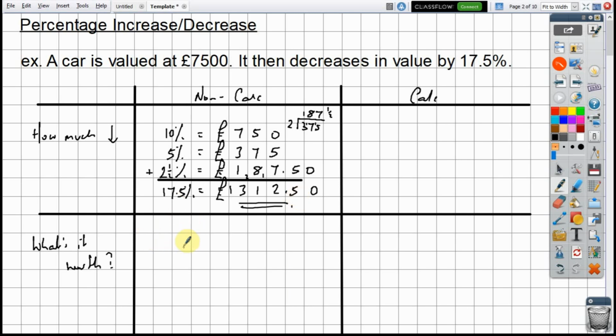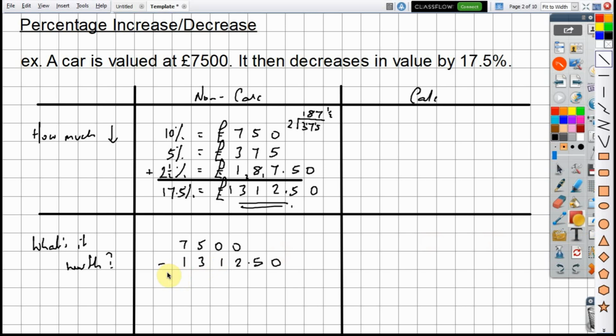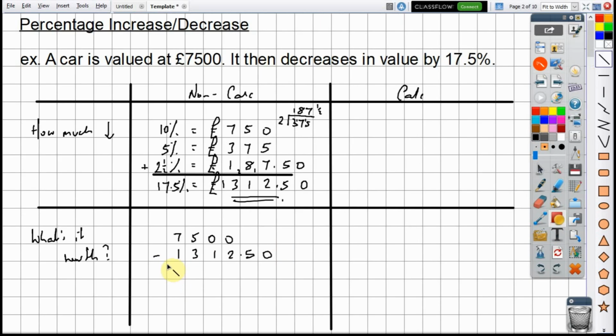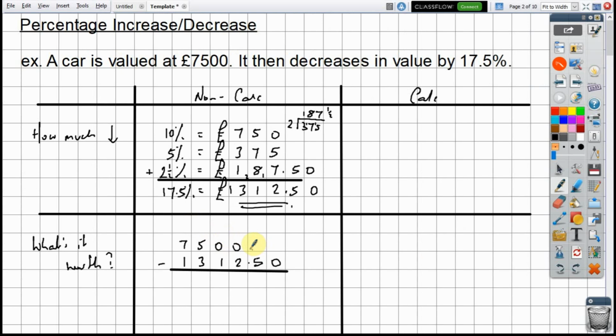What's it worth? Well, you would still need to do all this, and now we've got 7,500 minus 1312.50. Do a subtraction, and as with the division, it's really important that you do actually know how to do these in an efficient, accurate manner. Can't do all these zeros, I'm going to have to borrow from there.